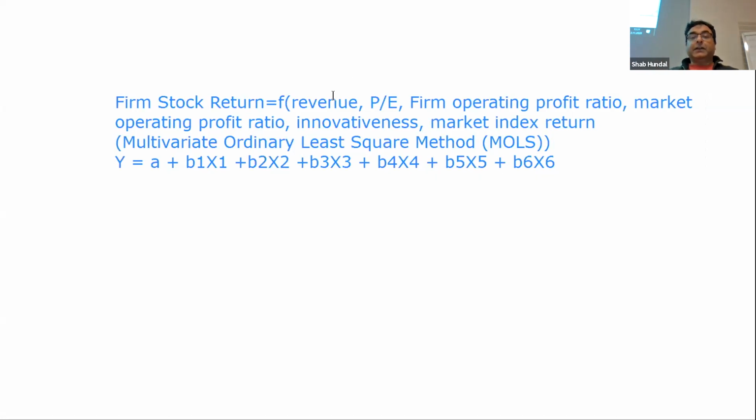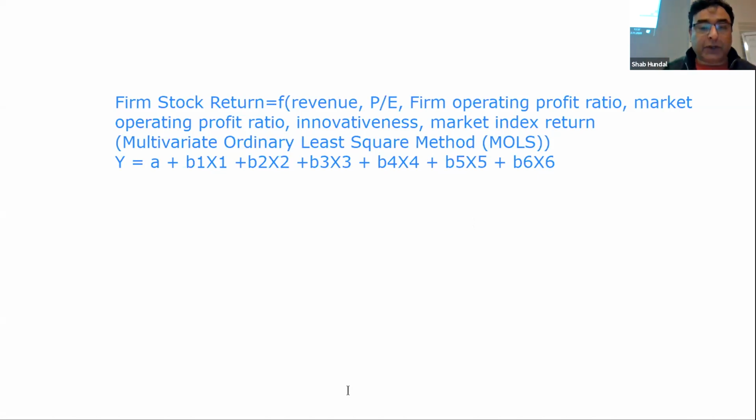This is coming from the literature, revenue, P to E, and then we convert our theories into an empirical model. What you see now, Y depending upon A, the intercept, beta 2 X2, beta 3 X3, this is our econometric model now. We have modeled our variables to be empirically analyzed.